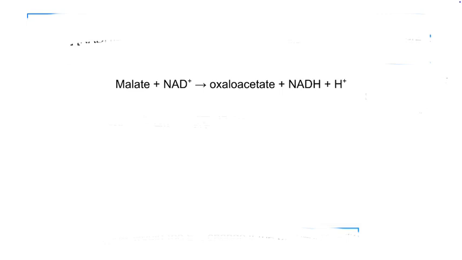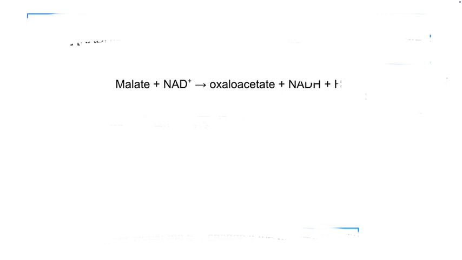Products over reactants. What are your products? Oxaloacetate, yes. NADH. H plus. What are your reactants? Malate and NAD plus. Yeah. Did you write that down? No.